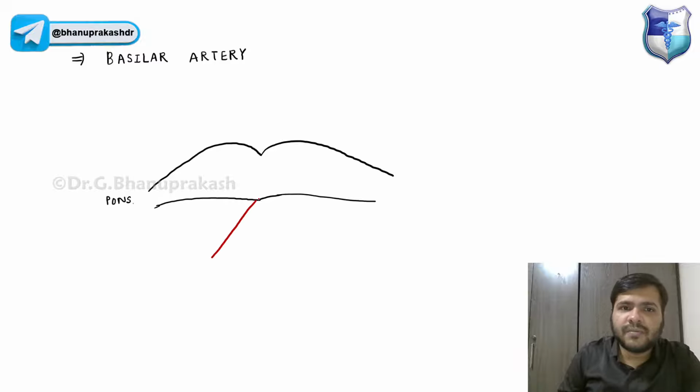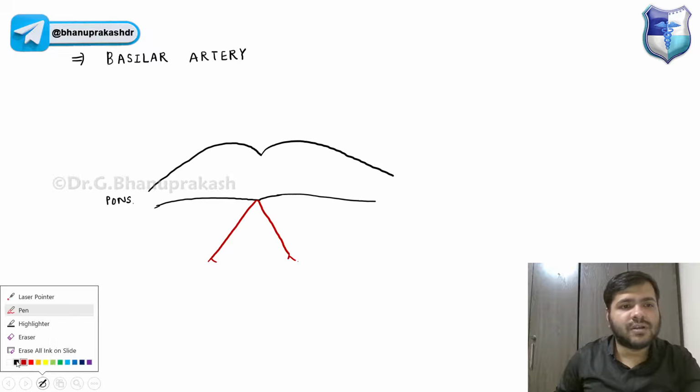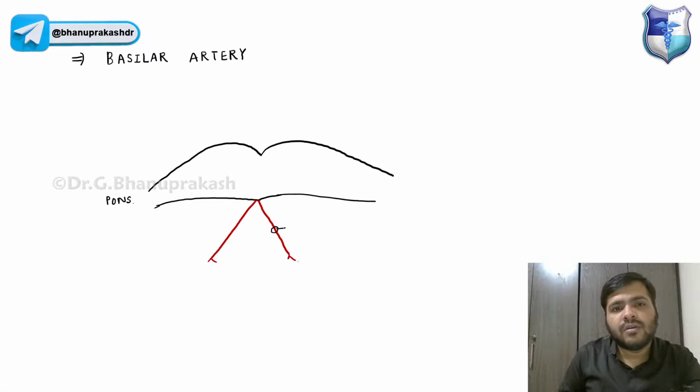Remember, guys, the basilar artery is formed by the two vertebral arteries. You already know we have the two vertebral arteries, the right and the left vertebral artery. So we have this left vertebral artery, and we have the right vertebral artery.